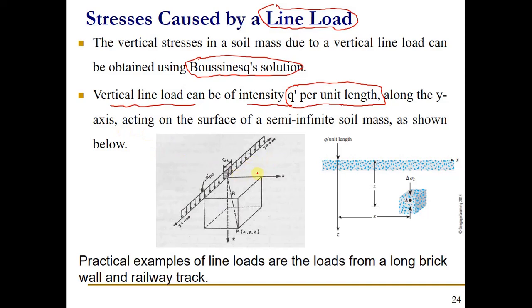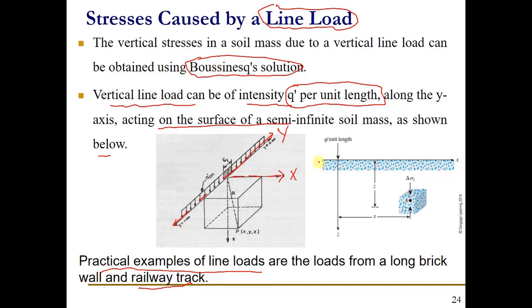You can see this is the x-axis and this is the y-axis. It acts on the surface of a semi-infinite soil mass as shown below. Practical examples of line loads are the loads from a long brick wall and a railway track.